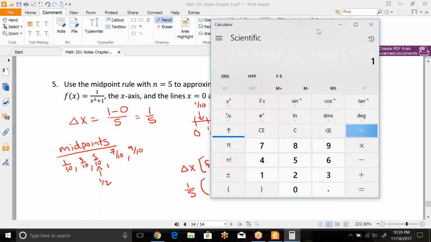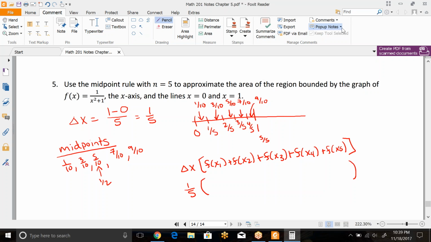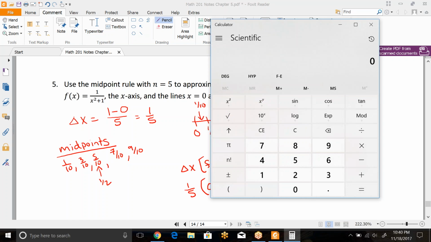So this is 1 divided by parentheses, and we're going to have 1/10 squared plus 1. Okay, that is 0.99. Let's do 3/10.